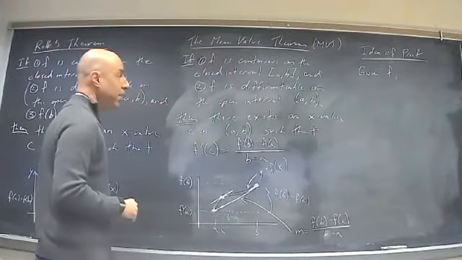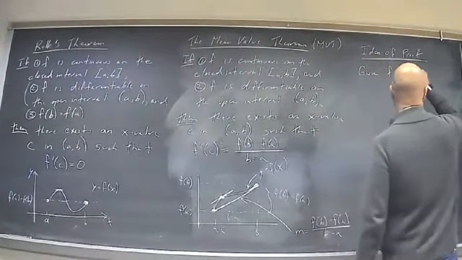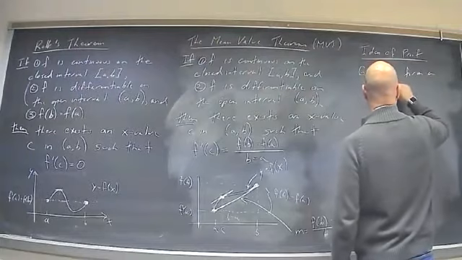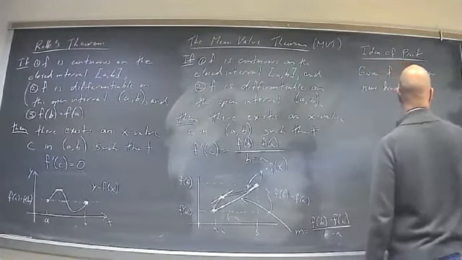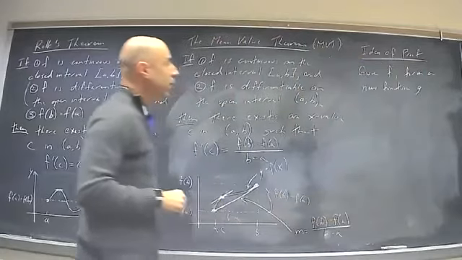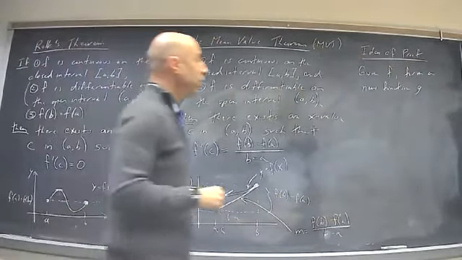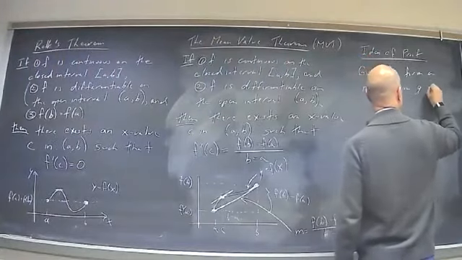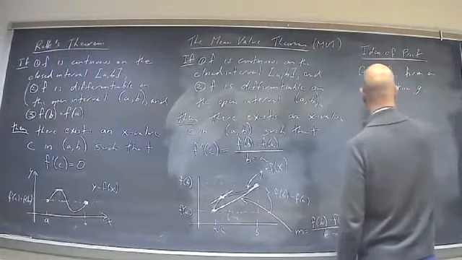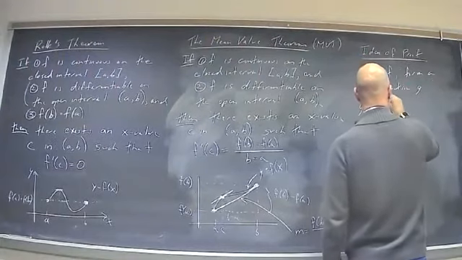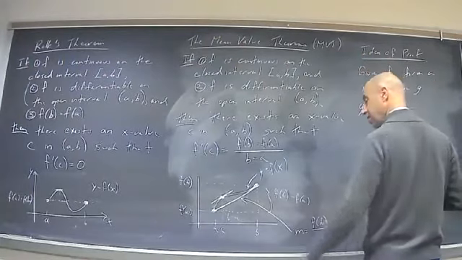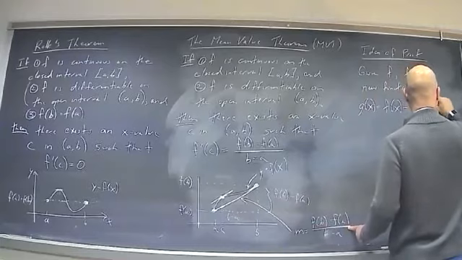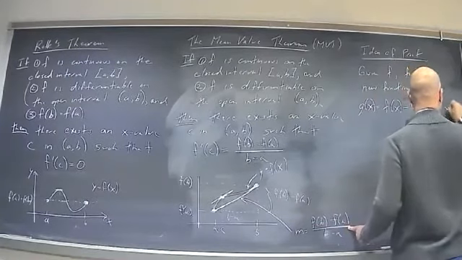So given your f, form a new function g by taking g of x to be f of x minus this slope, f of b minus f of a over b minus a, times x.